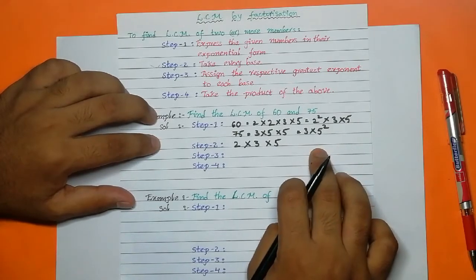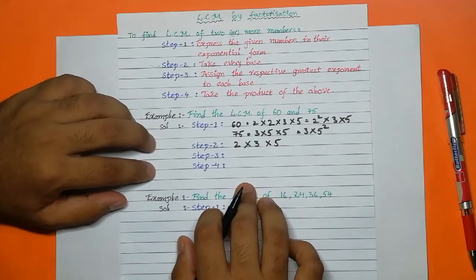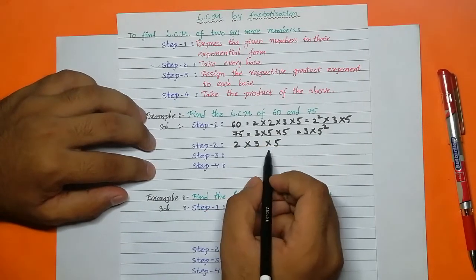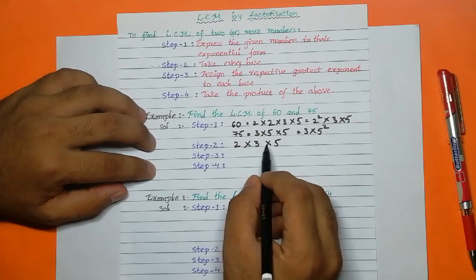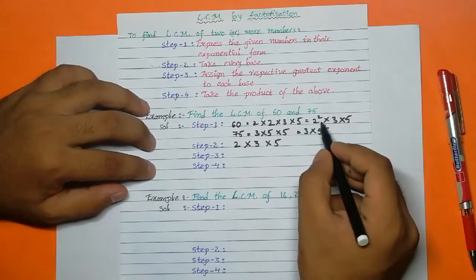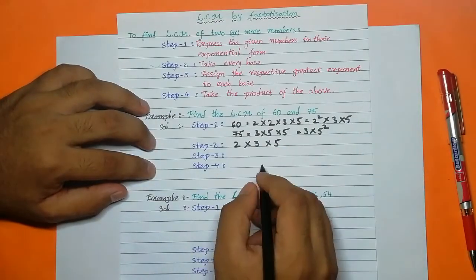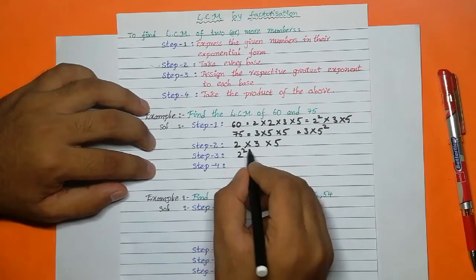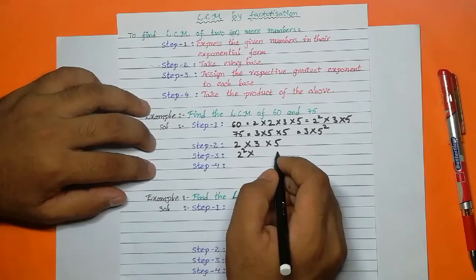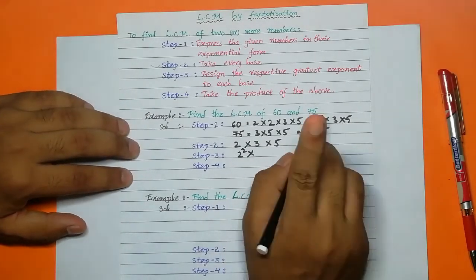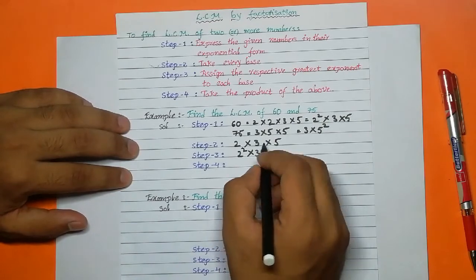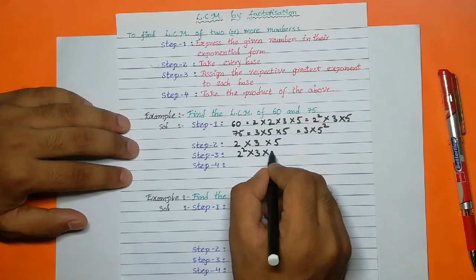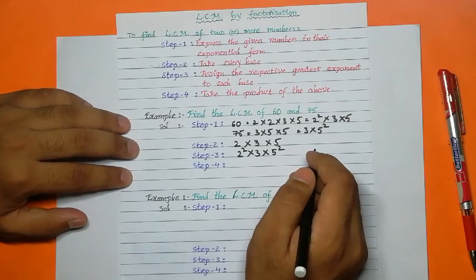According to the third step, now we have to take the highest powered base to do the product of the numbers. 2 square into 3, whose power is 1, and 5, whose highest power is 2, therefore 5 square.